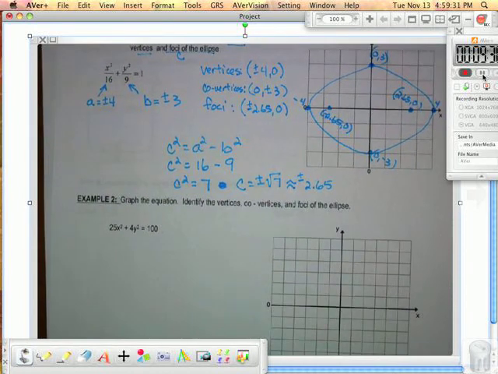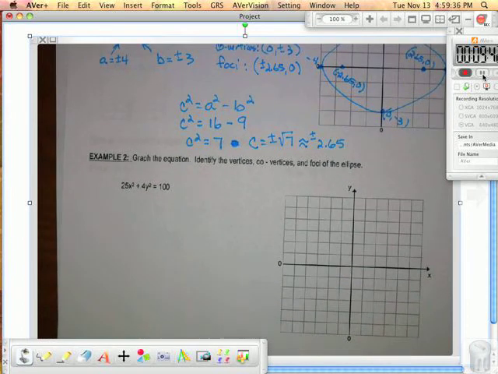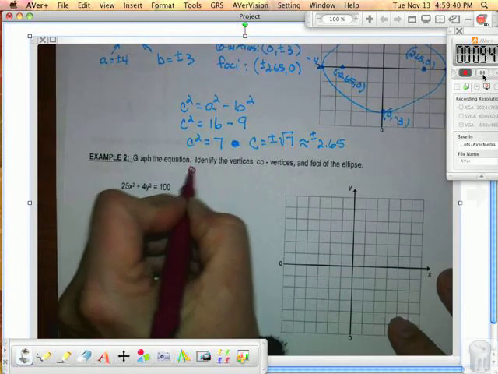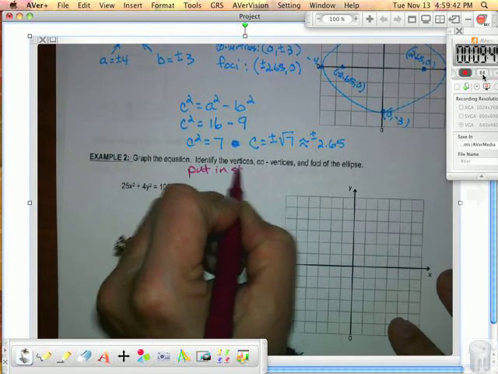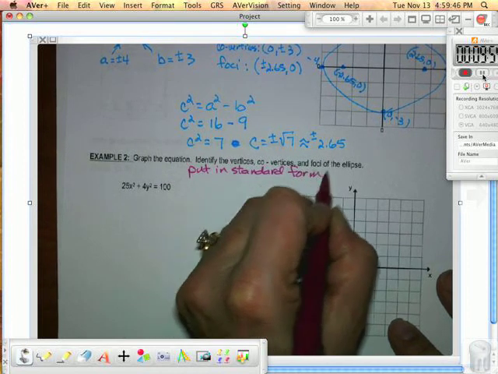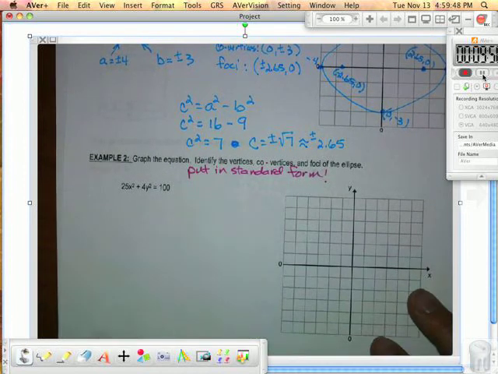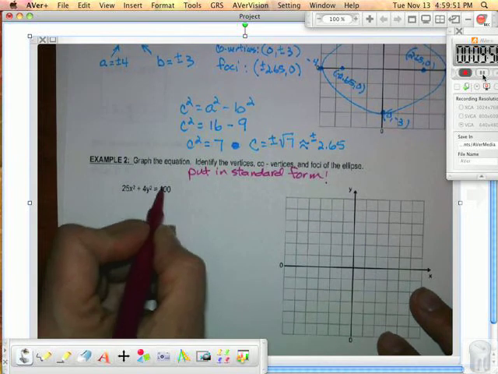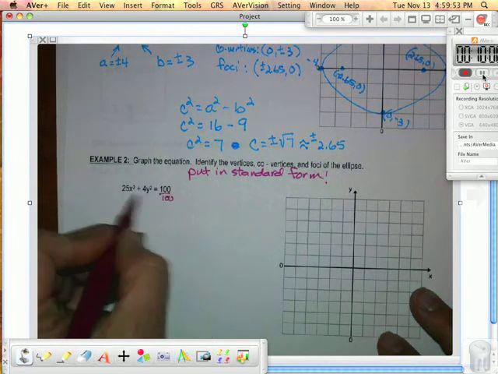Now, first of all, I noticed that this is not in standard form, so I can't really do anything with it until I put it in standard form. And that's kind of why I had to do that warm-up. So notice that we need this to be 1, so we've got to divide everything by 100.